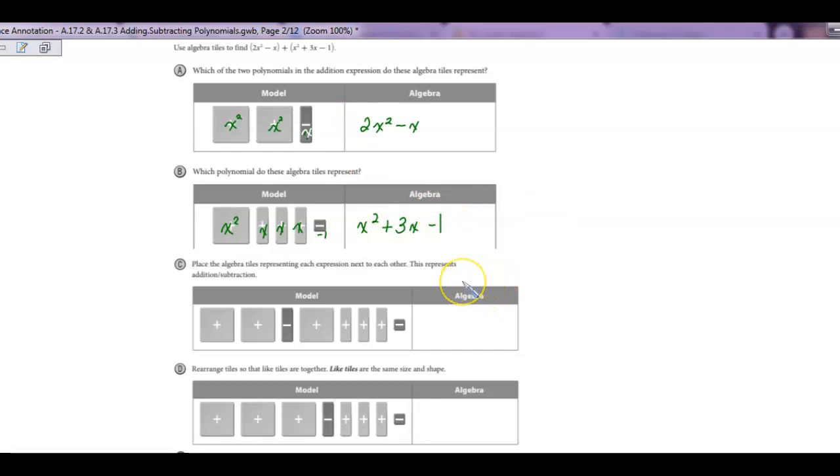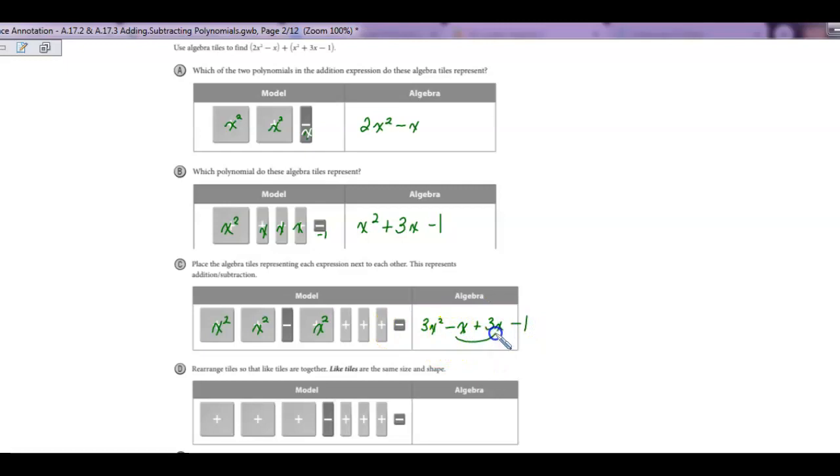And really what we're doing is just putting the like terms together. So in this case, I have 1, 2, 3 x squares, and then I have a negative x, and 3 positive x's. So I have minus x plus 1, 2, 3 x's, minus 1.